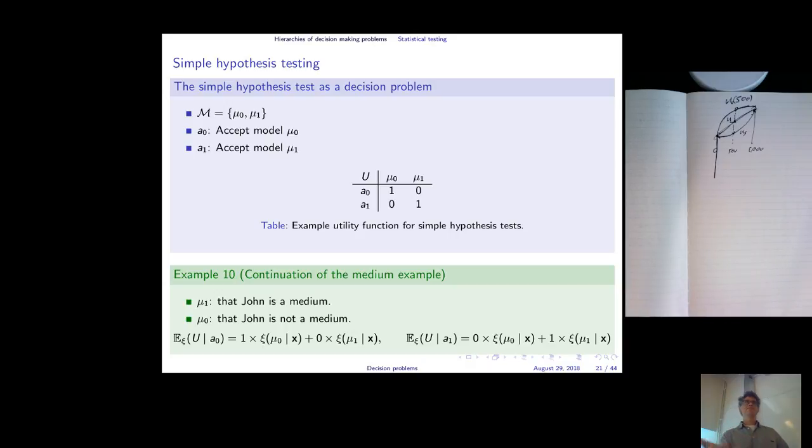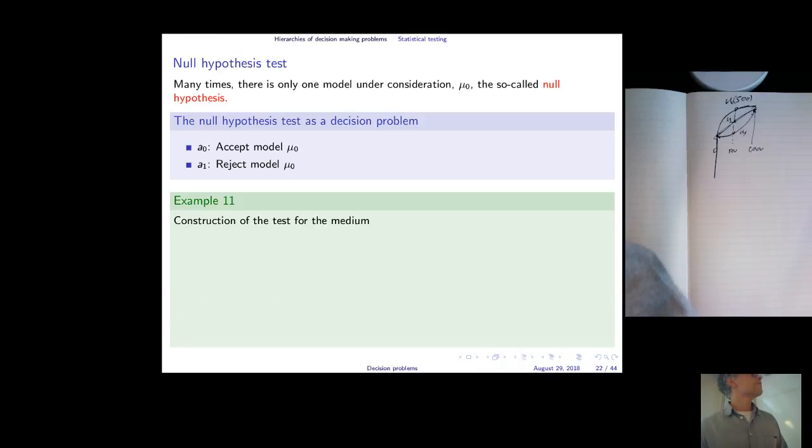Okay? But if you think he is a medium, then it's not a good bet for you. Okay? So you can then calculate the expected utility of doing this decision. And basically, if you have this even bet, then it's exactly equal to the probability. You take action 1, accept, if you really think it's more likely that he's not a medium compared to when he is a medium. Okay? So whether or not you actually bet with him doesn't affect his being a medium or not in this scenario.